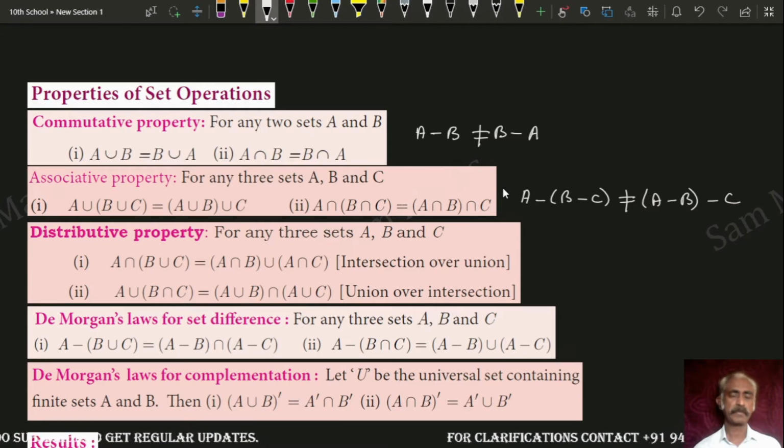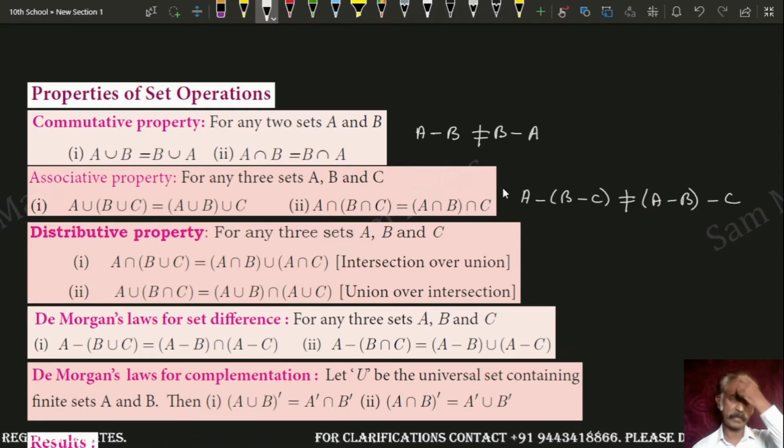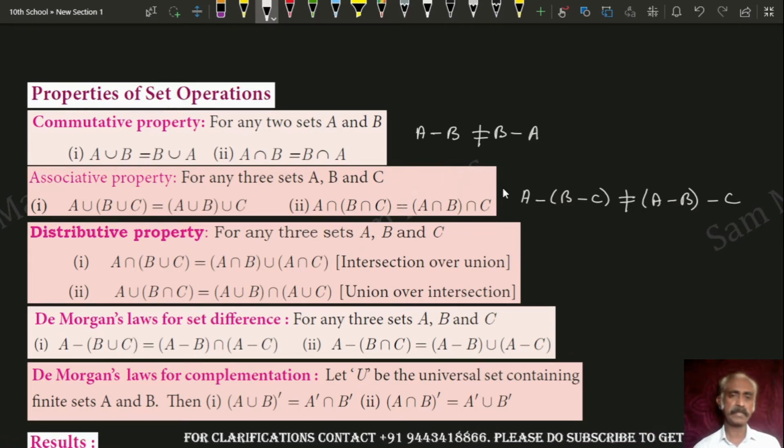Distributive property. For any three sets A, B and C, first one, A intersection (B union C) is equal to (A intersection B) union (A intersection C). Second one, A union (B intersection C) is equal to (A union B) intersection (A union C).